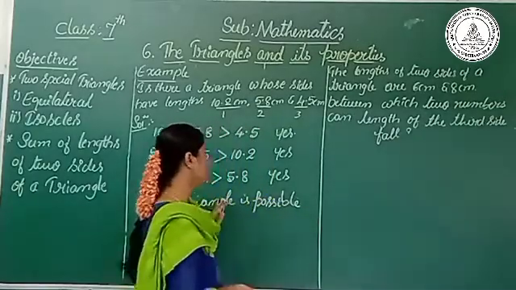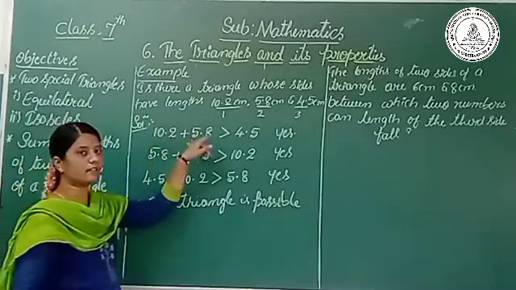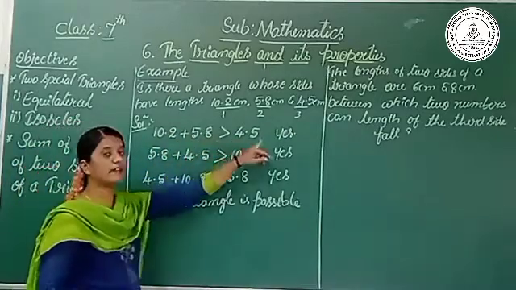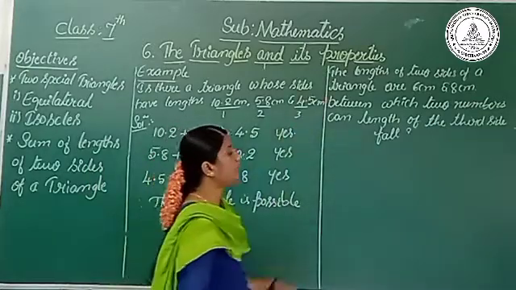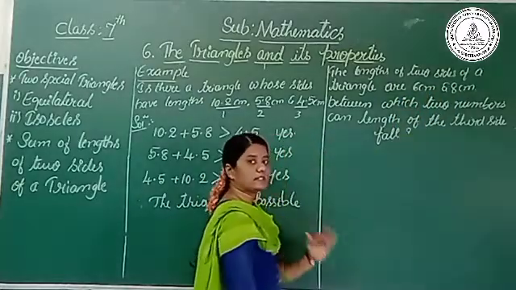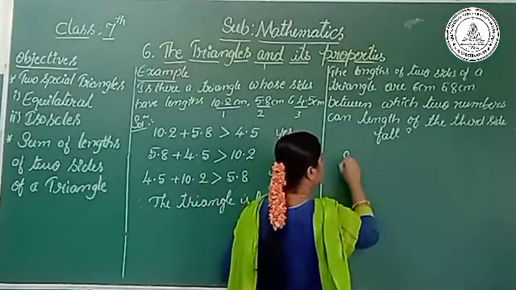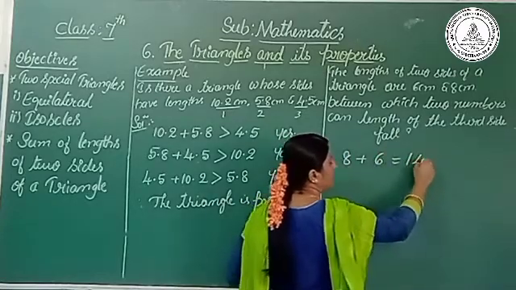Here we have learned that the sum of two sides of a triangle is greater than the third side. So the sum of these two sides, 8 cm and 6 cm, is equal to 14.